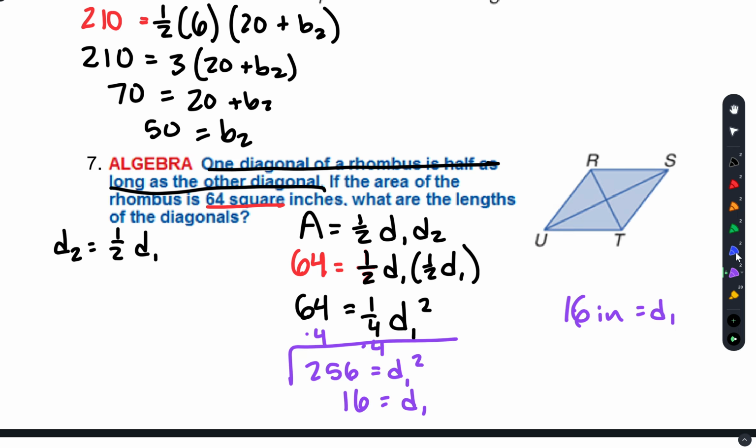So then D2 is 1/2 of D1, so D2 equals 8 inches. You should get the same thing if instead of 1/2 D1, you said 2 D1. Should be the exact same. Any questions on this? You feel okay about it?